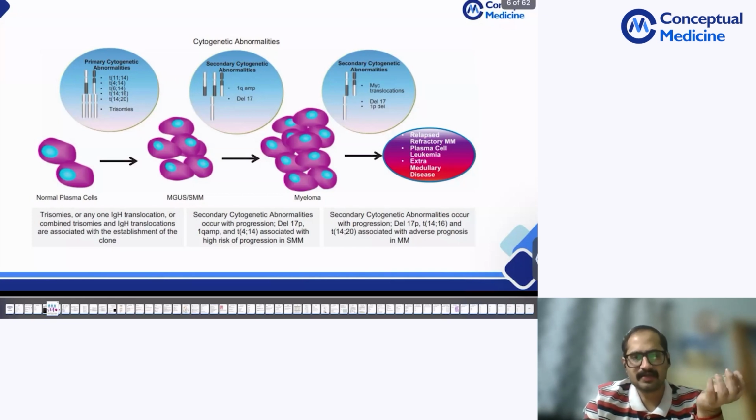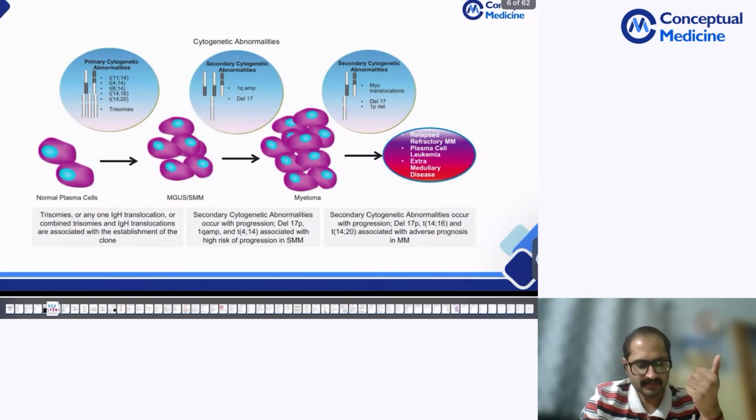What are IGH translocations? IGH translocations are translocations happening at the level of chromosome number 14. If you want to know the locus, it is 14q32, the locus of the immunoglobulin gene region. So when translocation happens at the immunoglobulin IGH locus, it is commonly seen in primary cytogenetic abnormality.